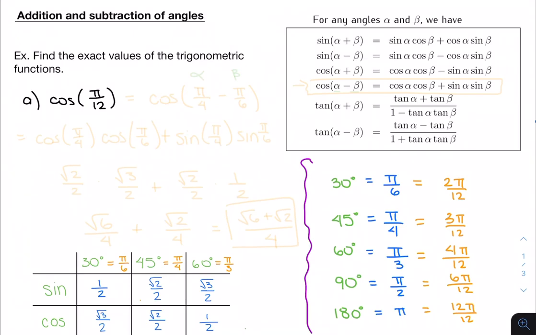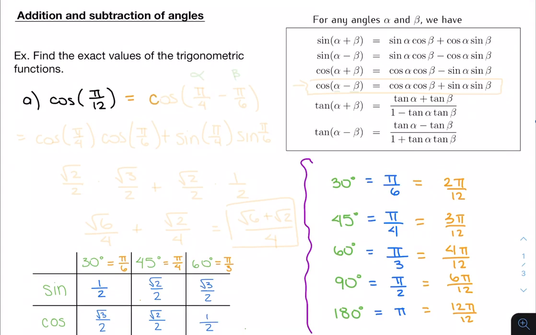Okay, so looking at this, we know that we want our angle to be pi over 12. And if we look at our angles, we can notice that if we subtract 3 pi over 12 minus 2 pi over 12, that is pi over 12. You can also do the same thing with 4 pi over 12 and 3 pi over 12. But just for convenience, I'm going to use 3 pi over 12 and 2 pi over 12.